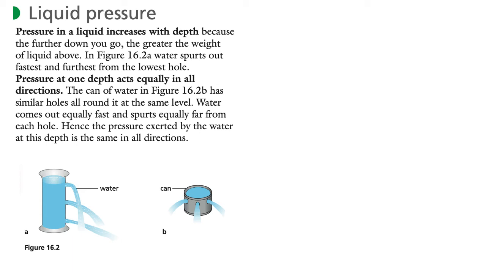The top one, the water is coming out the slowest, and is going the least distance. This middle one is going a little bit further, but the bottom one is where it's going fastest and furthest. That's because the pressure at the lowest point is greatest. The lower down you go, the greater the pressure, right? B now is an example showing you that pressure acts equally in all directions at the same level, right?